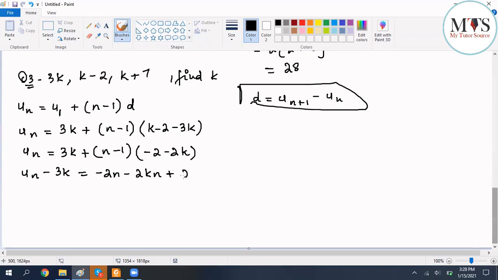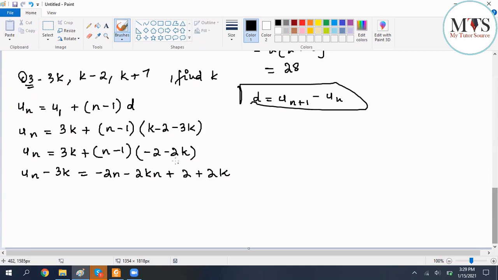But don't we have a lot of variables over here? Yeah, so we have to simplify them first. So 2 plus 2, that'd be 4k, minus 2n, minus 2kn. It's so confusing because there are so many letters.